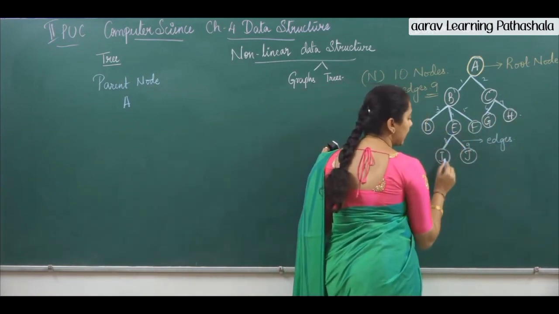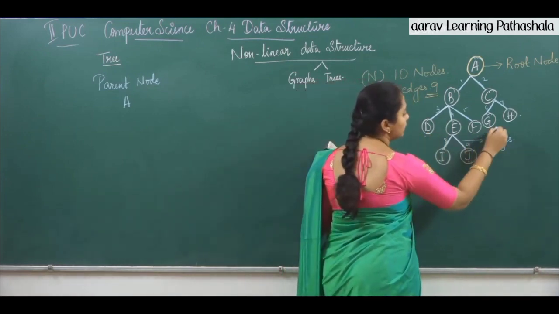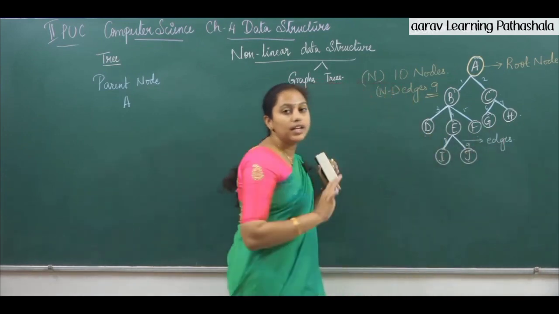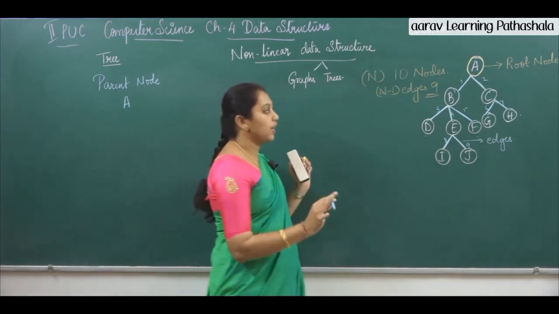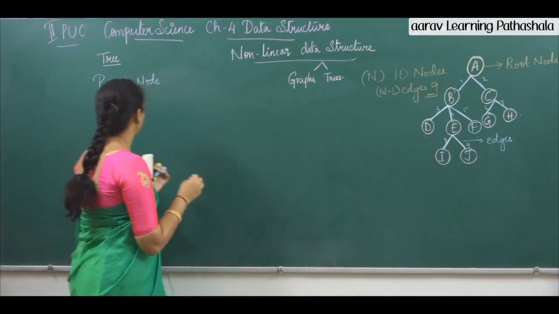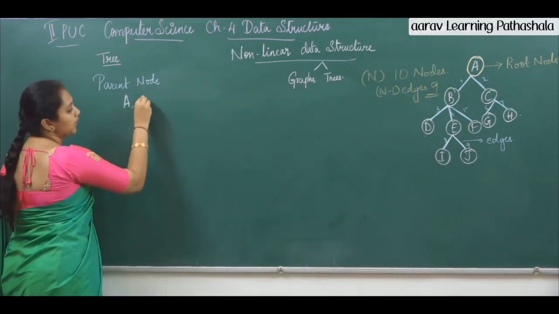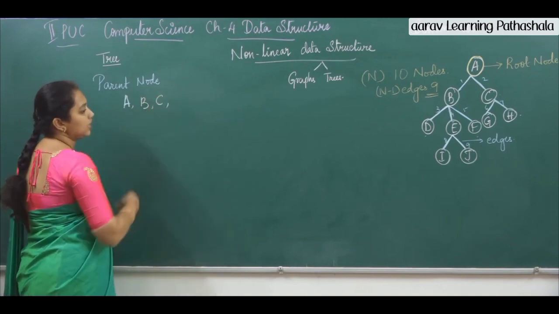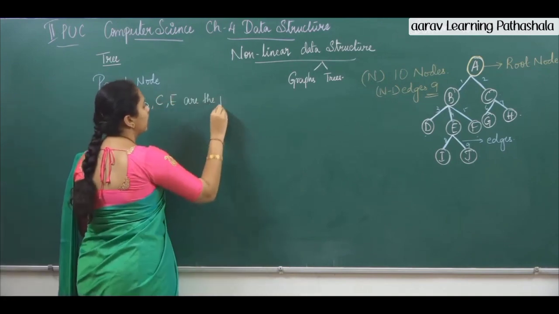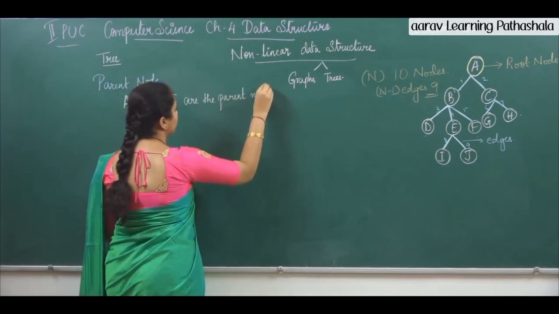Again here E has two child nodes. But D, F, G and H do not have any child nodes. So hence in this example, A, B, C, E are the parent nodes.